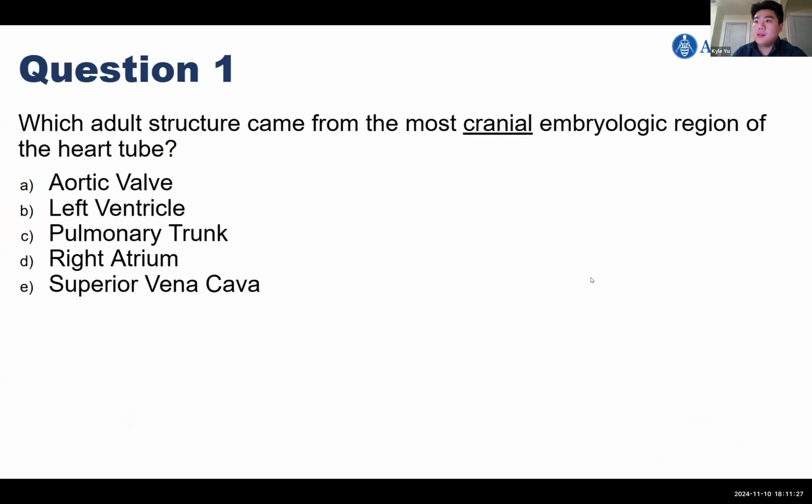All right. So my first question is: which adult structure came from the most cranial embryologic region of the heart tube?